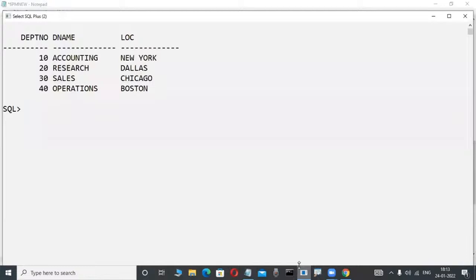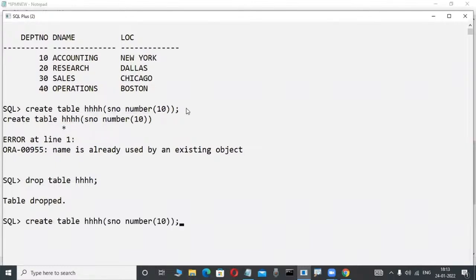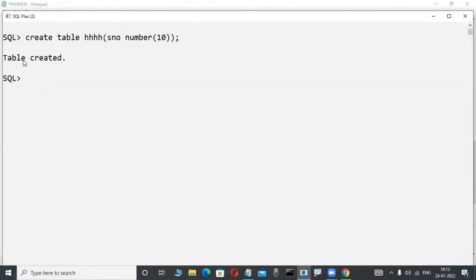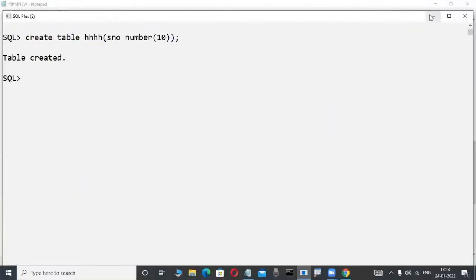Suppose you are creating a table in your database, for example. Whenever I create a table, it is not visible in the operating system.